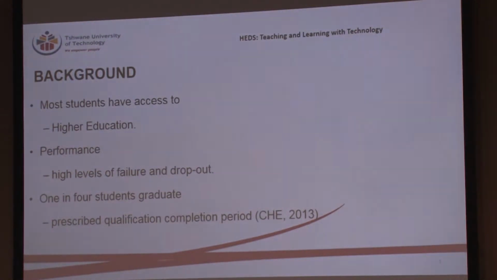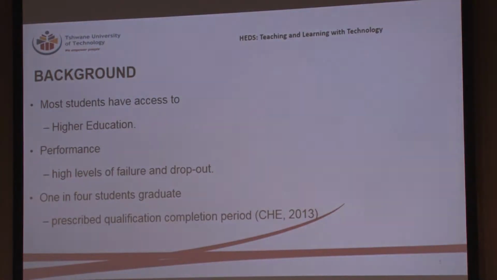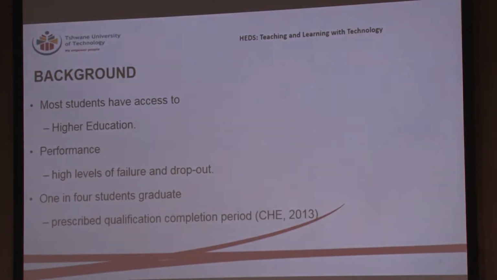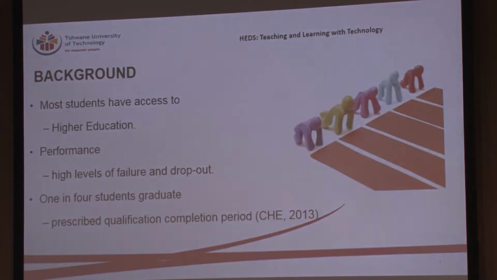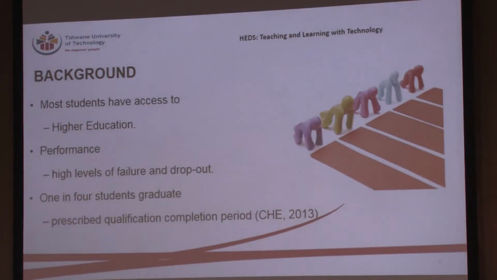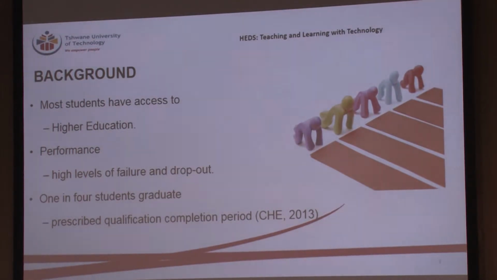Because of the high level of failure and dropout, specifically among first years, we can see here in the picture that they start at the same time, but they do not finish at the same time.